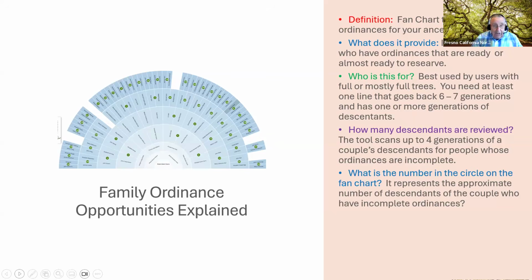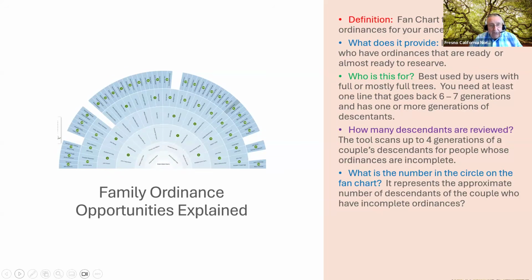And then there's little numbers in green circles on this particular fan chart. Those numbers represent supposedly the approximate number of descendants of the couple who have incomplete or nearly ready to reserve ordinances.